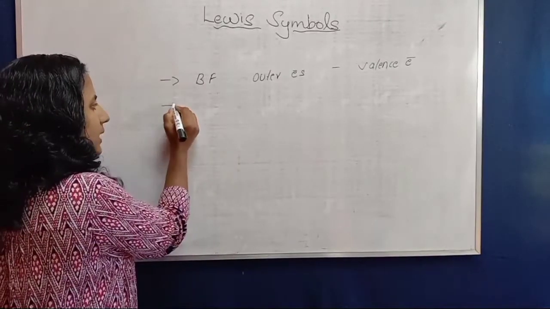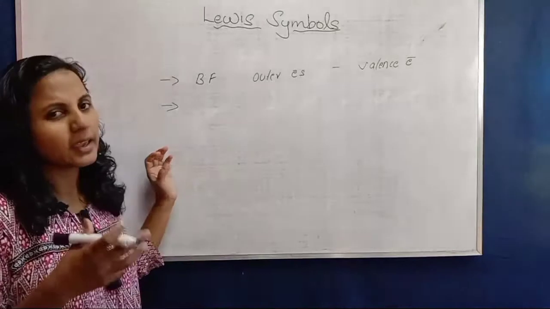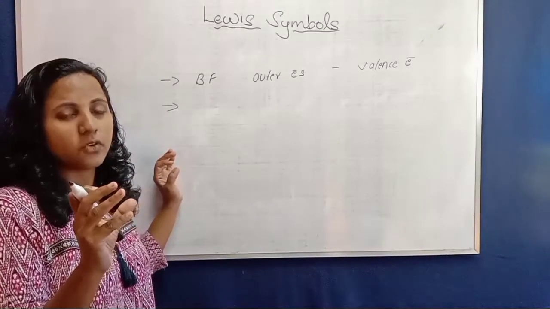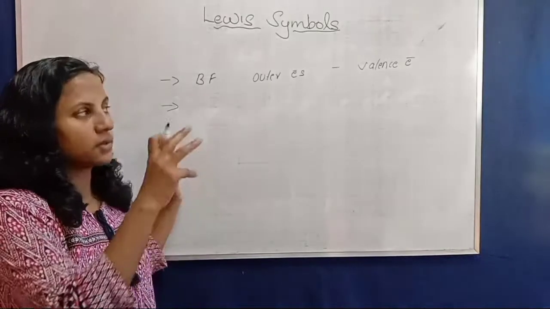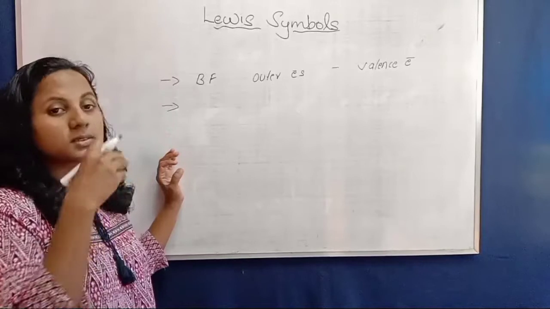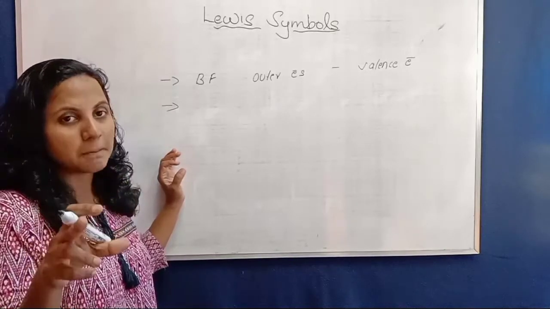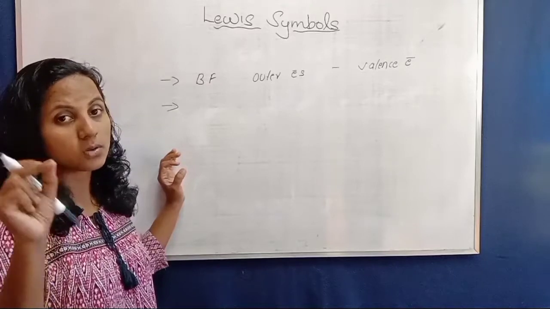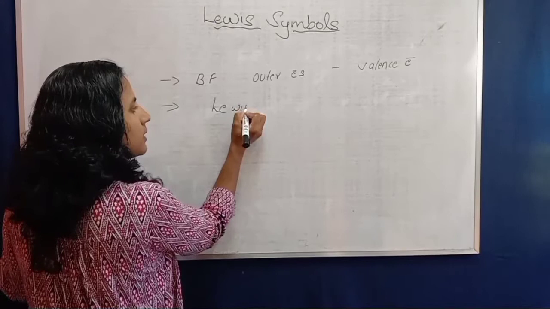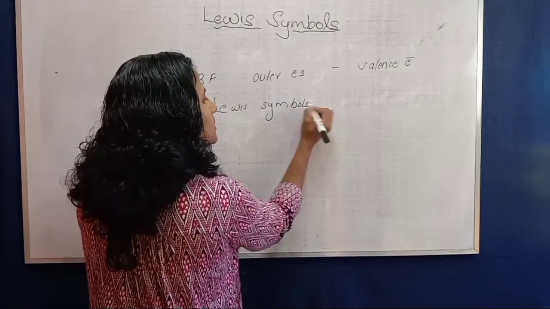The second thing he said is that he gave some simple notations for writing these valence electrons, and such simple notation that Lewis gave to the field of chemistry is called the Lewis symbol or Lewis dot symbol. What are Lewis symbols?